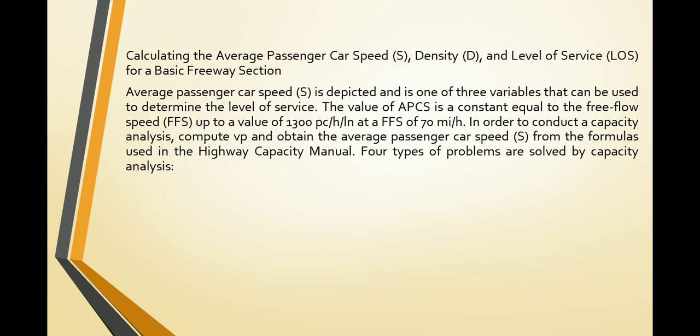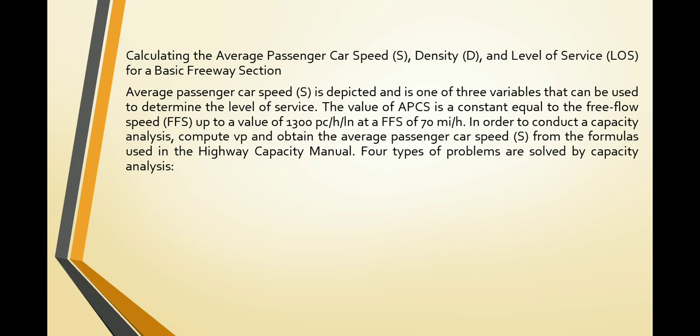The value of APCS is a constant equal to the free flow speed FFS up to a value of 1,300 pc per hour at a FFS of 70 miles per hour. In order to conduct a capacity analysis, compute VP and obtain the average passenger car speed S from the formulas used in the Highway Capacity Manual.